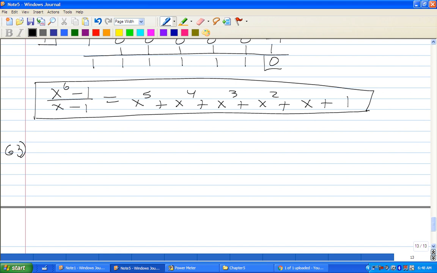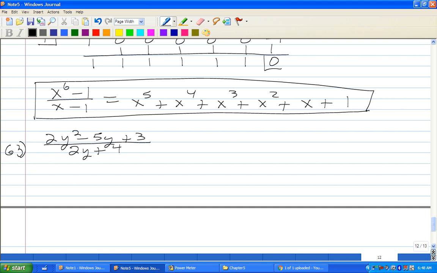So, problem 63, I have here 2y squared minus 5y plus 3 over 2y plus 4. So I can either divide every term here by 2 in both the numerator and denominator, or I can do synthetic division, then at the end divide by 2.